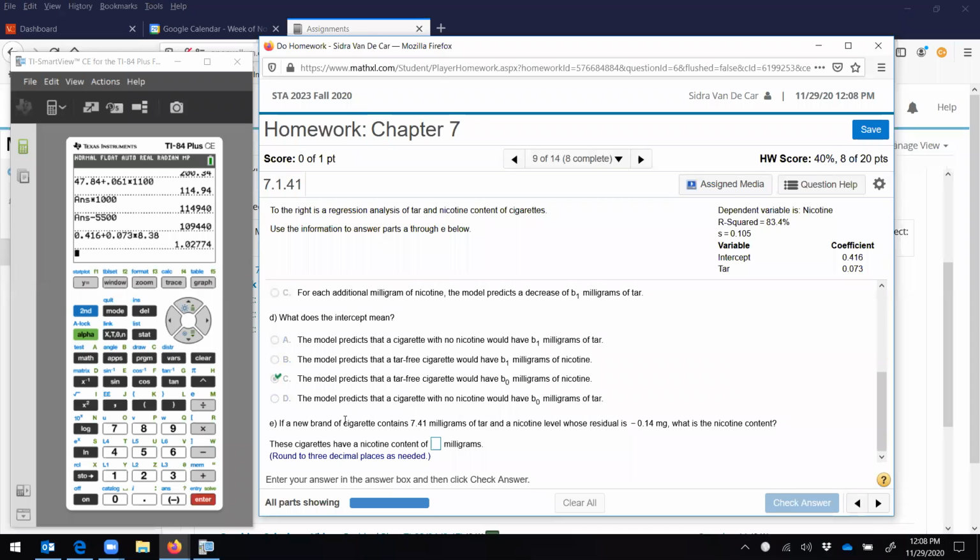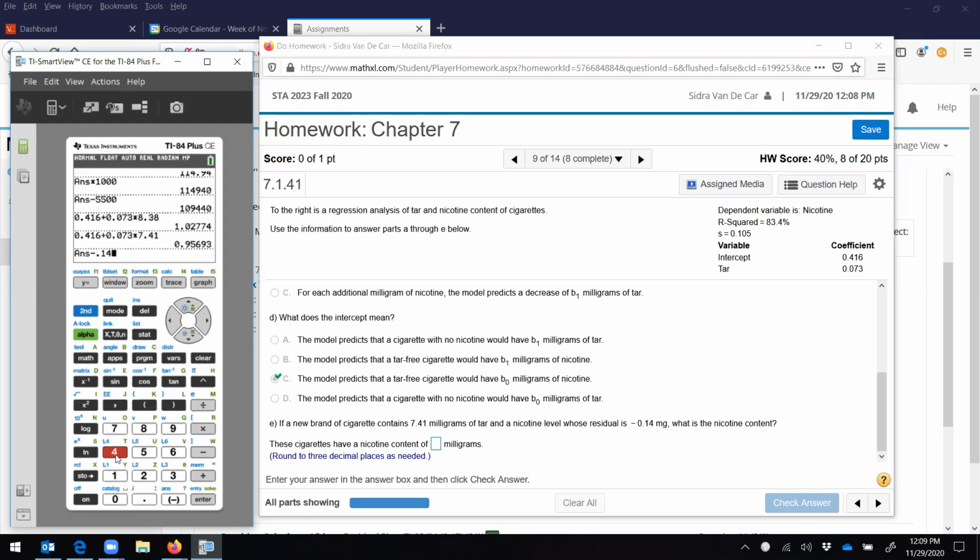selected wrong. Okay. If a new brand of cigarette contains 7.41 milligrams of tar and a nicotine level whose residual is this, what is the nicotine content? So let's plug in 7.41 for the tar. And our residual is negative 0.14, so minus 0.14.